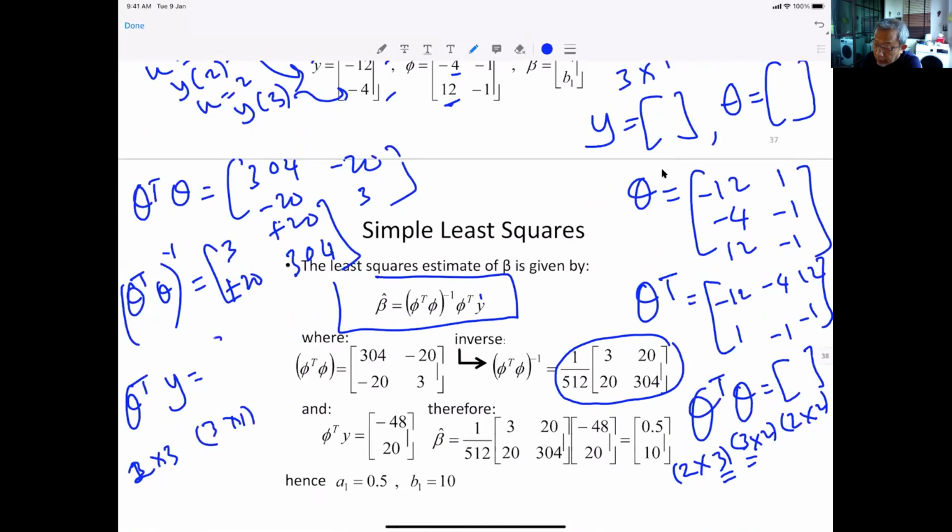So you will get an answer of 2 by 1, which is minus 48 and 20, using a calculator. And finally, you multiply this matrix with the theta transpose y, then you get the value of A1, which is equal to 0.5, and B1, which is equal to 10.